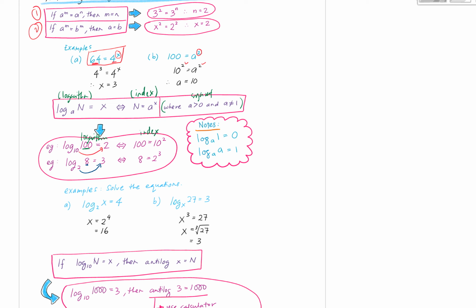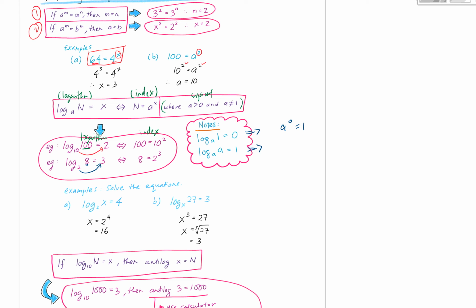Okay, ini macam mana you daripada bentuk logarithm you nak tukar kepada index ataupun vice versa. Which you can sentiasa bear in mind, bila you ada log A1 equals to 0, log A1 mesti sentiasa equals to 0 and log AA sama dengan 1. Kalau you nak tukar dalam bentuk index, you akan dapat A0 sama dengan 1.